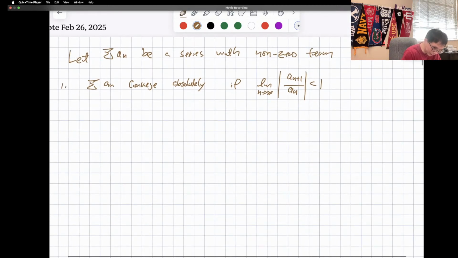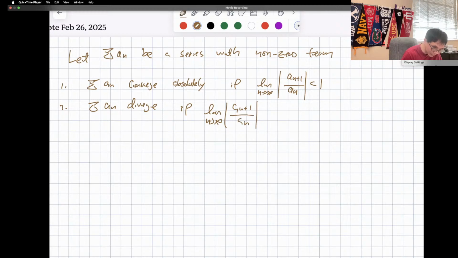On the contrary, the summation of a sub n diverges if the limit as n approaches infinity of a sub n plus 1 over a sub n is equal to infinity, or the limit as n approaches infinity of a sub n plus 1 over a sub n is greater than 1.